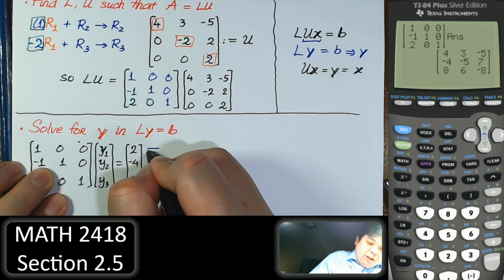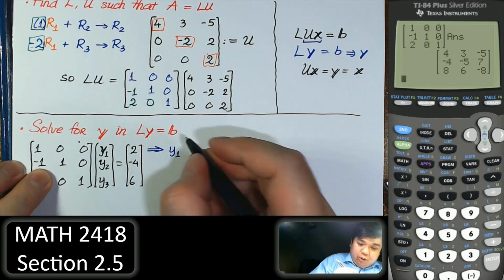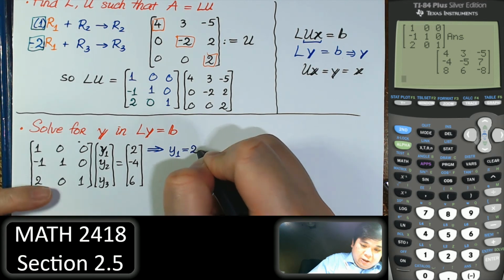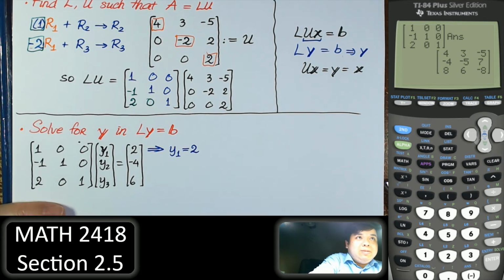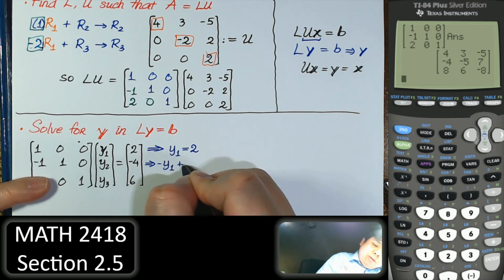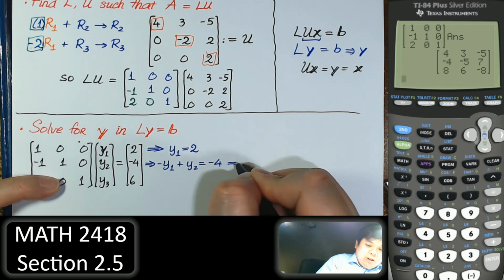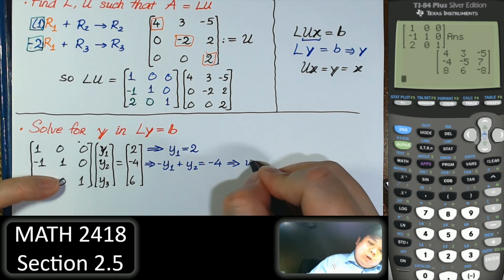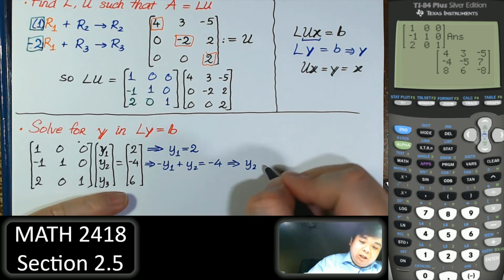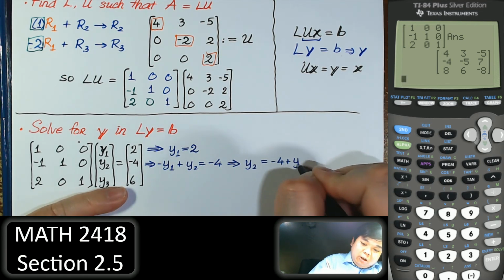So first, Y1 equal to 2. Right. And next, -y1 plus y2 equal to -4. So we can solve for y2 from here since we already know y1. So y2 is -4 plus y1.